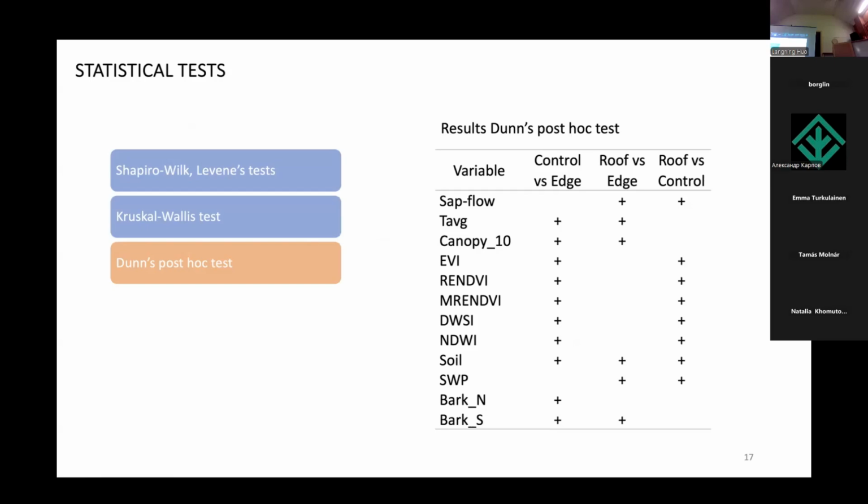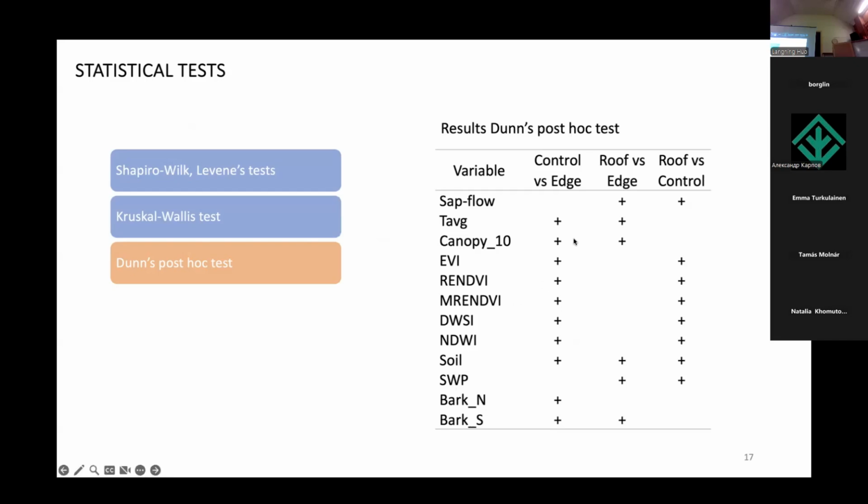subplots. And I selected which variables have significant difference, and next I used a post hoc test to measure whether we have significant difference between subplots like control, age, or roof.